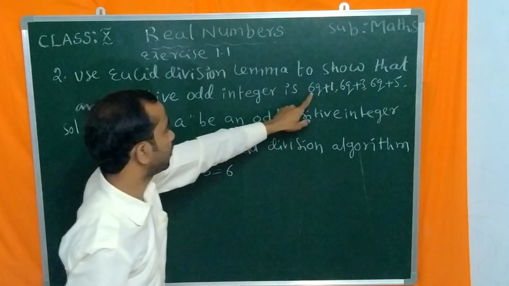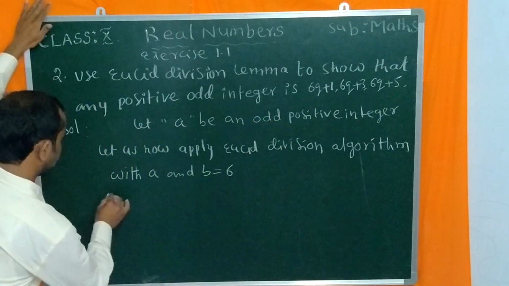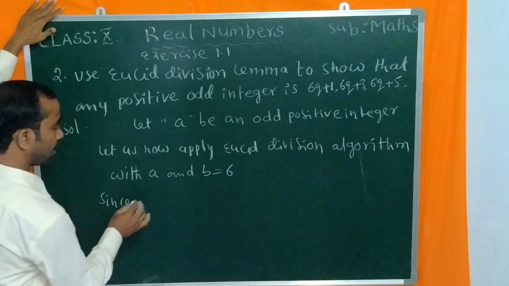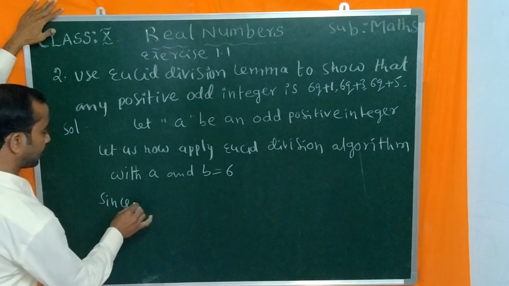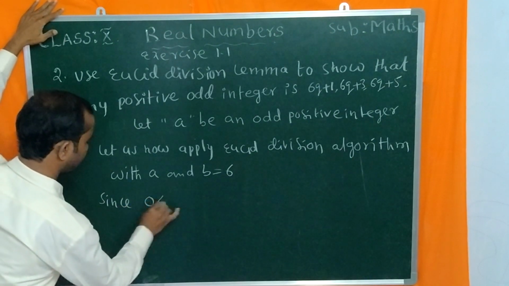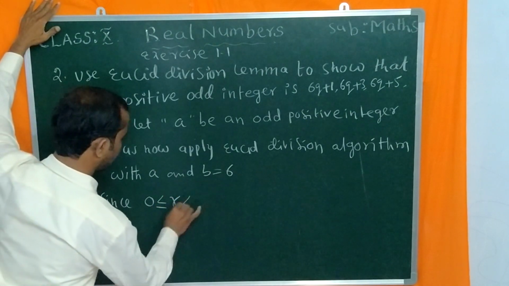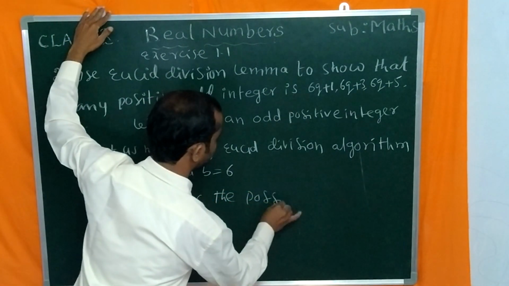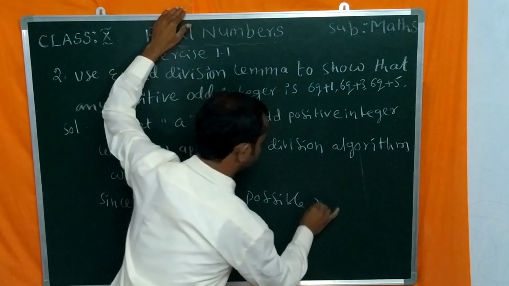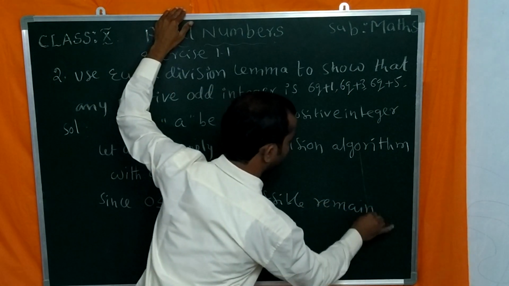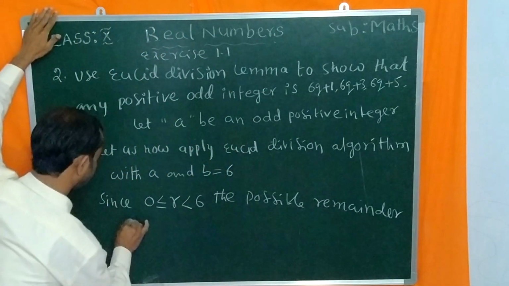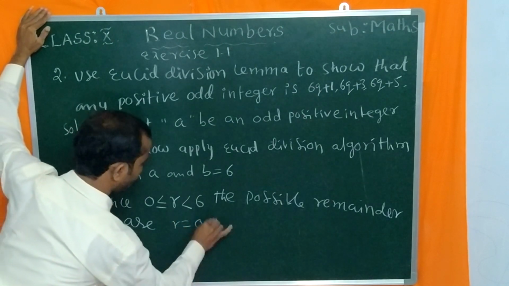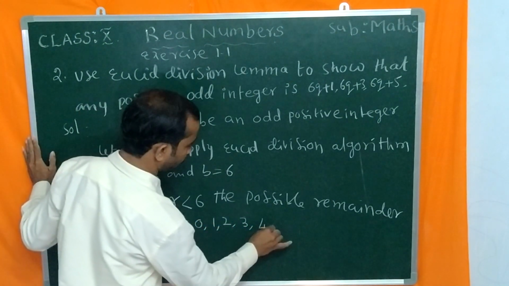Here b value 6. Since the remainder r satisfies 0 less than or equal to r less than 6, the possible remainders are 0, 1, 2, 3, 4, 5.